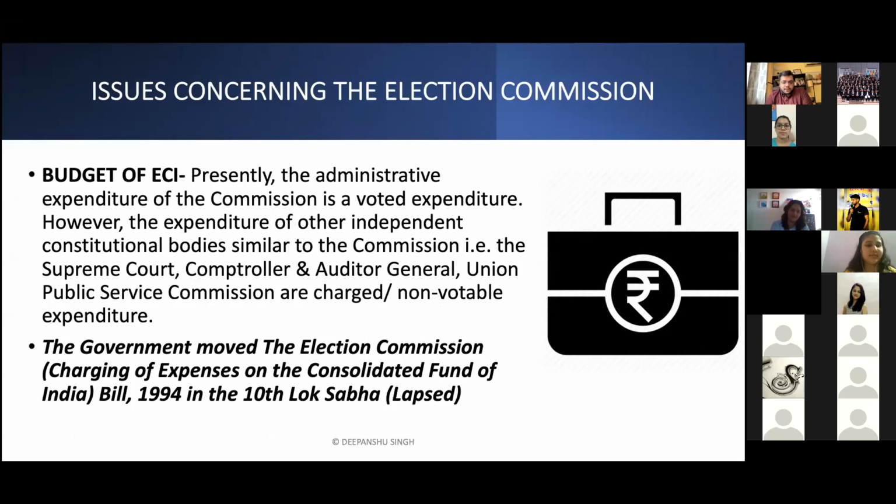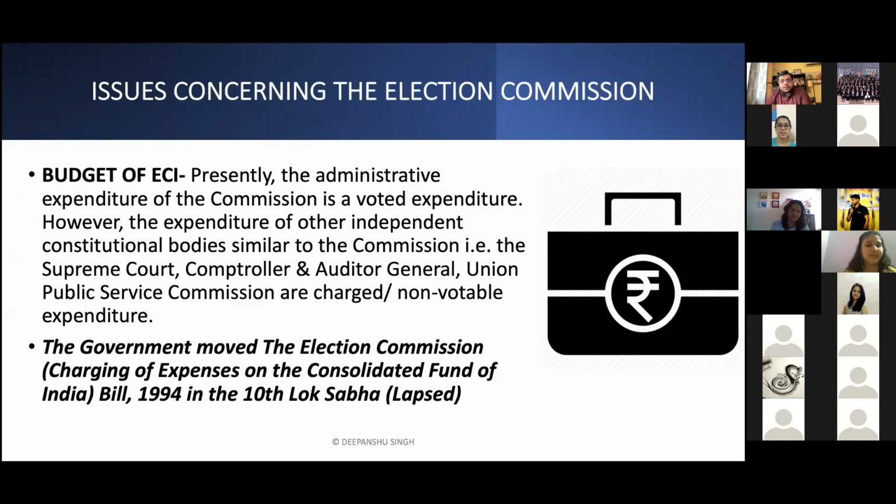You give them powers. At the same time, apart from autonomy and giving them powers and functions, one of the most essential features of ensuring that the body functions without any external pressure or pressure of doing some sort of favor is giving them a free hand in their budget. Now, this might be very surprising for a lot of you.